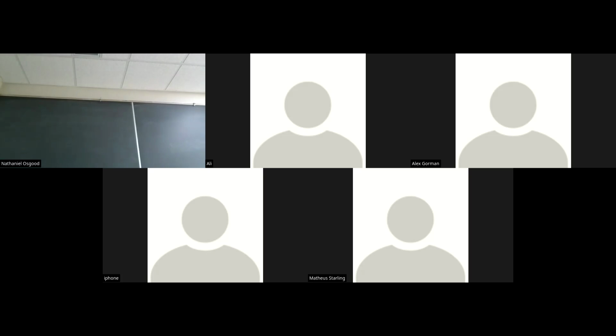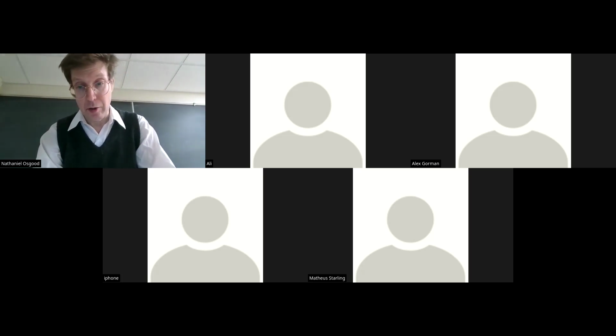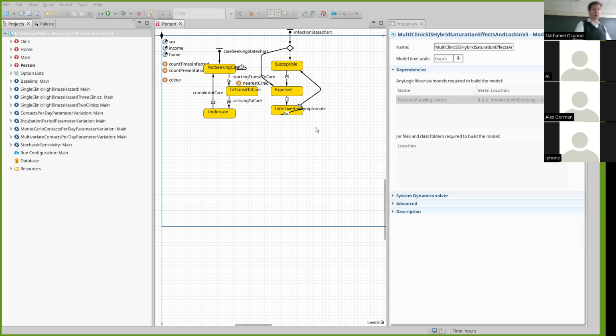Those models also knit together in an integrative way data about one part of the system with data on another part of the system. So if we were to go open up, and I would like you to do that for those with computers, it won't be absolutely required, from the course site, the multi-clinic SIS hybrid saturation effects and lock-in, it's on the course site.